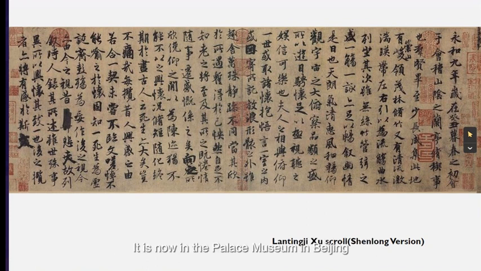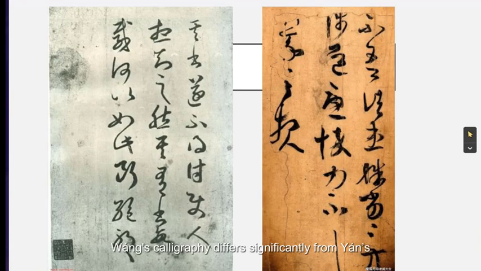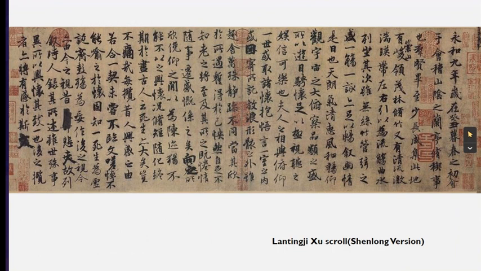It is now in the Palace Museum in Beijing. With its natural fluidity, Wang's calligraphy differs significantly from Yan's. Here we have the impression that the writer must have been in a very different mood.